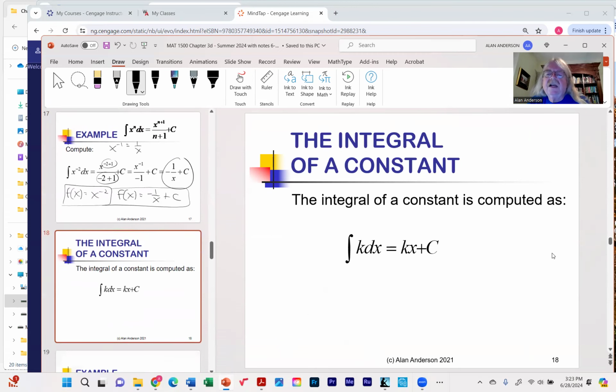Now, it turns out that if we have the integral of a constant, k is the constant, we just end up with kx plus c. And again, you can prove this by applying the power rule.